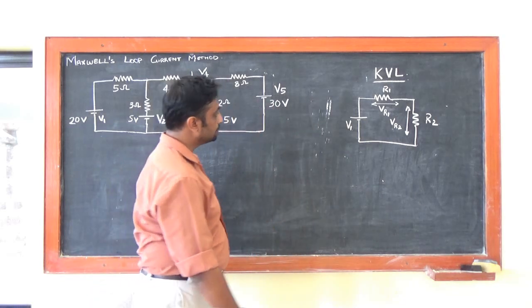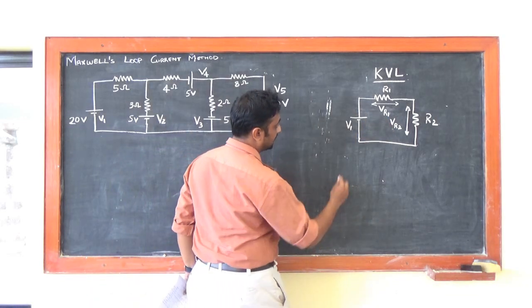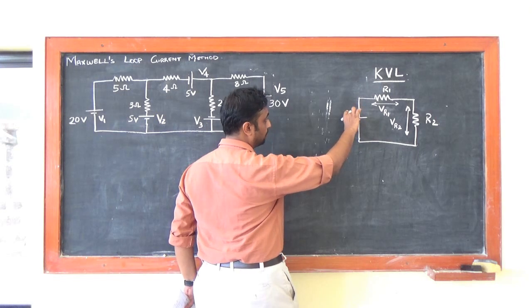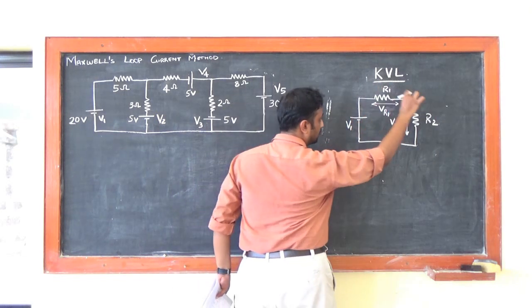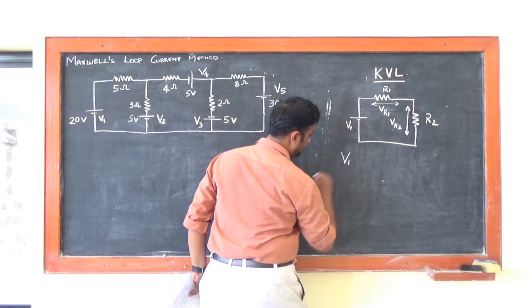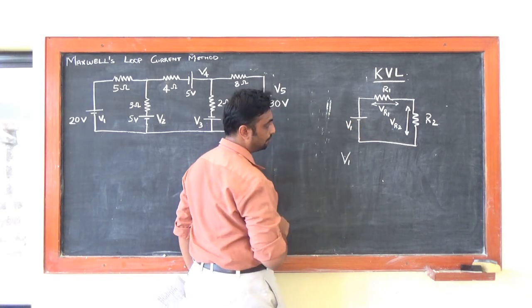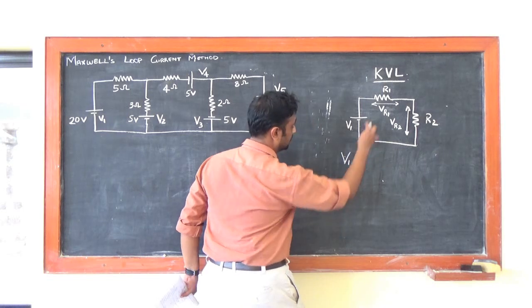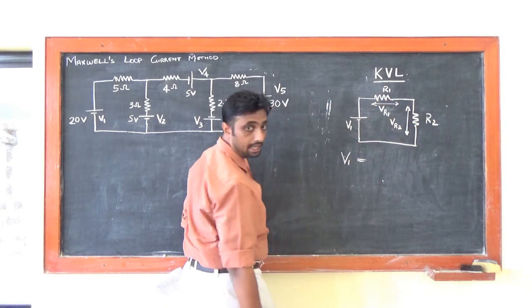So using KVL, which states that the sum of voltage sources is equal to the sum of voltage drops, I take the voltage sources on one side, V1. Since we have only one voltage source, it will be equal to the drops in R1 and R2.